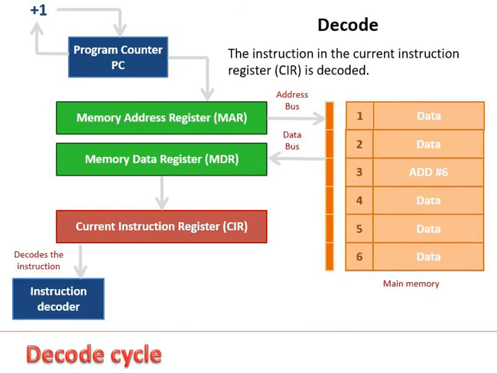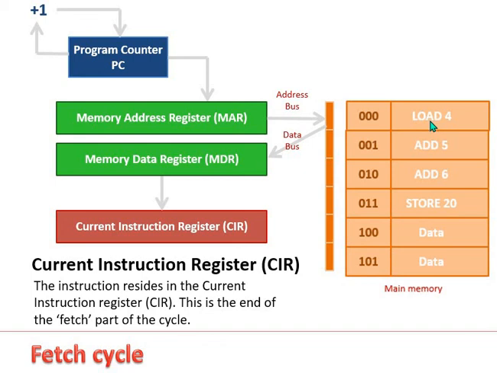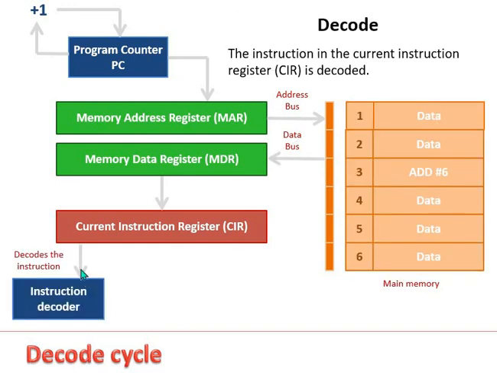Okay, now what happens in the decode stage? From the current instruction register, it moves to the instruction decoder. This instruction decoder is controlled by the control unit and will decode the instruction. For example, the previous instruction we had was load 4. It means load 4 into the accumulator register, right? So it will decode it and load the numeral value 4 to the accumulator.